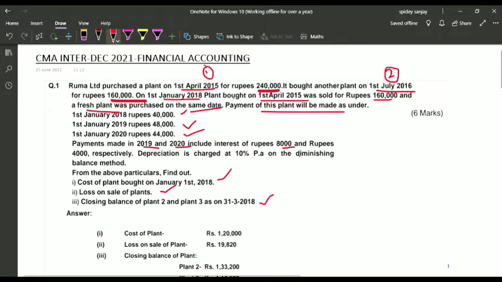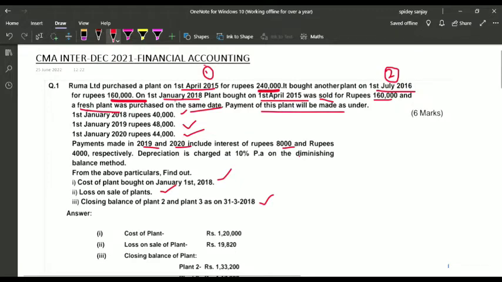Then the plant which was bought on 1st April 2015 was sold for rupees 1,60,000 on 1st January 2018, and we are acquiring a new plant on the same date. So on 1st January 2018 we are getting the third plant.